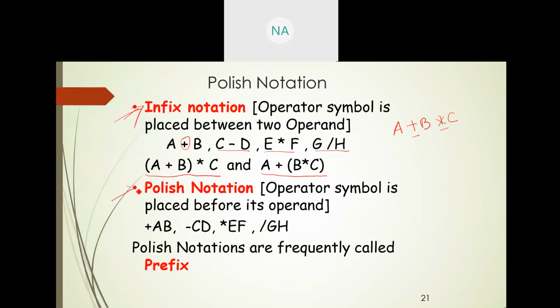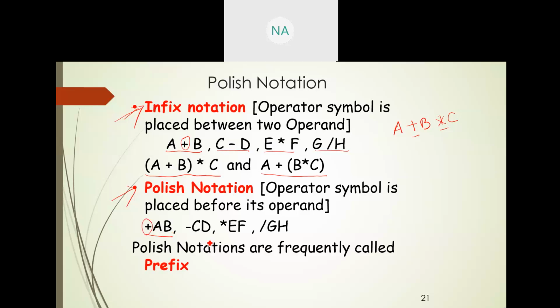What is Polish notation? In Polish notation, the operator symbol is placed before its operands. So a plus b, which is the infix notation, has the corresponding Polish notation plus ab. The operator plus is placed before its operands a and b: plus ab.